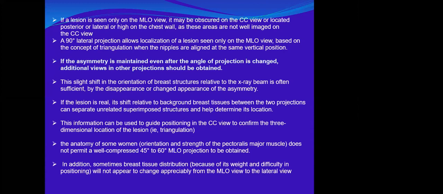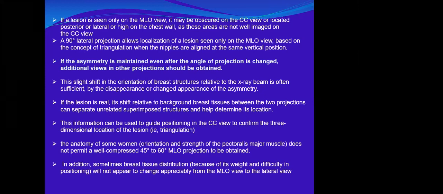If the asymmetry is maintained even after the angle of projection is changed, then an additional view in the other projection should be obtained. A slight shift in orientation of breast structure relative to the X-ray beam is often sufficient to cause disappearance or change in appearance of the asymmetry.